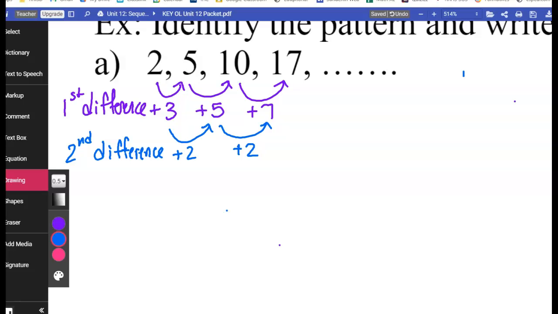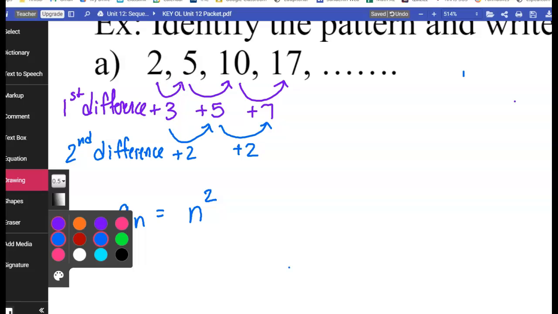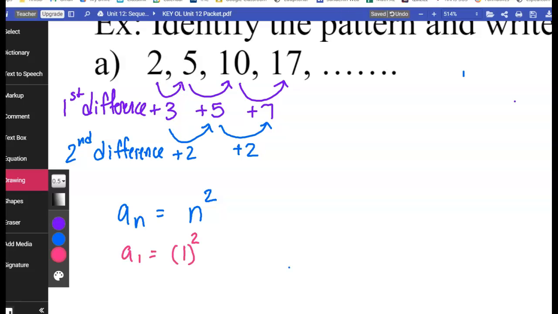Now, can anyone tell me what my sequence's definition is going to be? We know it's a quadratic because the second difference was the same. But if I'm trying to find the first term, so say I plug in 1 here and I square 1.